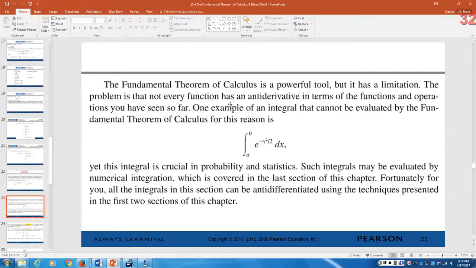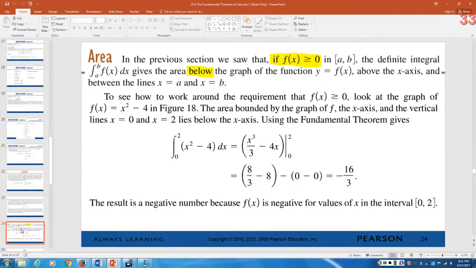There is a limitation. Not every function has an antiderivative in terms of functions and the operations that you've seen so far. And for example, you cannot evaluate this particular integral with the fundamental theorem, but it's used in the probability and statistics formulas. It just takes another way, but the ones that we're going to have, you're not going to have to worry about those.